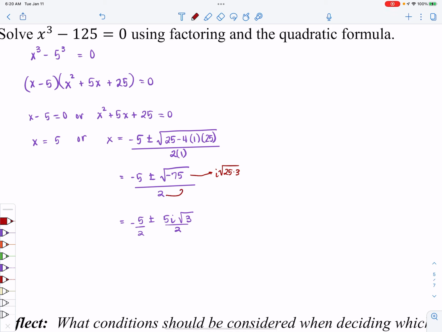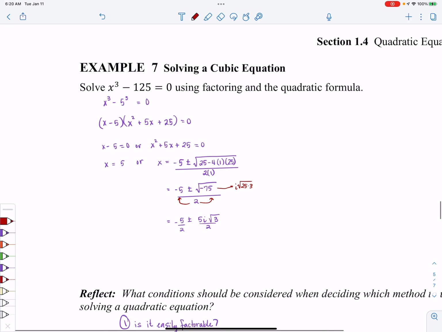Notice at the same time, I'm sharing my common denominator. Neither one of these fractions can be reduced, but that's okay. So I have two complex solutions to that piece. But overall, I have 3 solutions. 2 of them are complex. 1 of them is real.